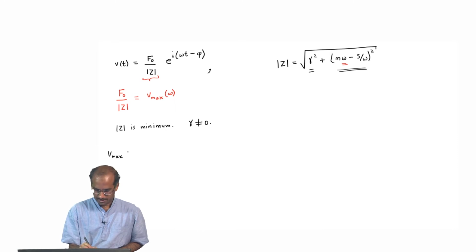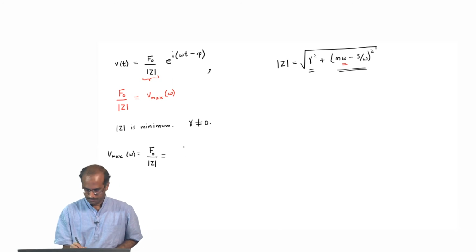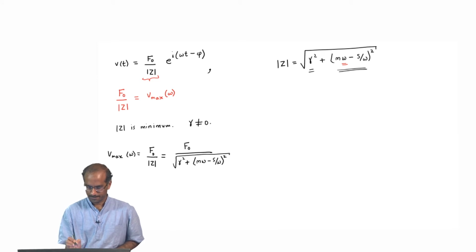So, V max as a function of omega is f0 by mod z, which will be equal to f0 divided by square root of gamma square plus m omega minus s by omega whole square.